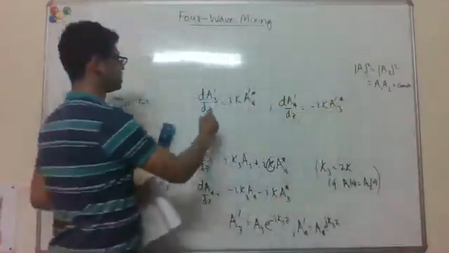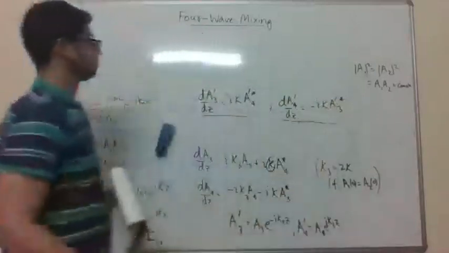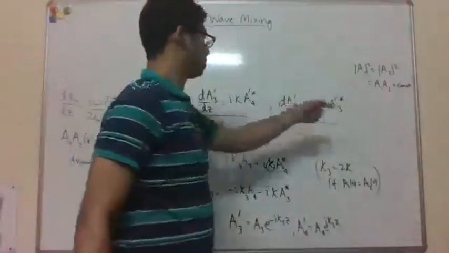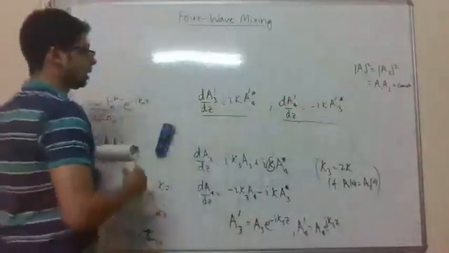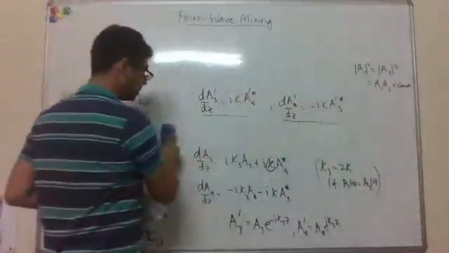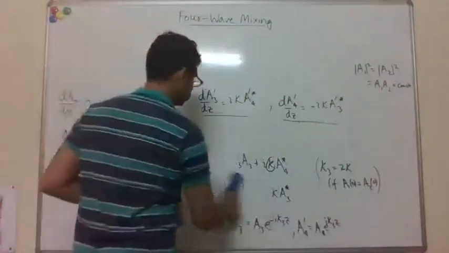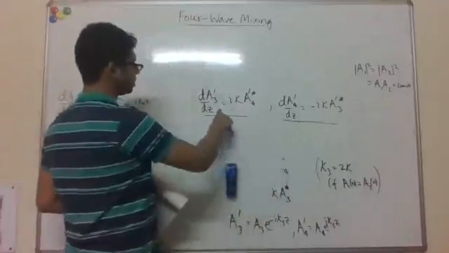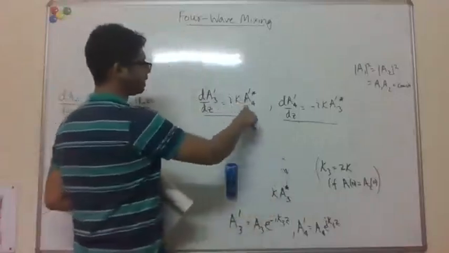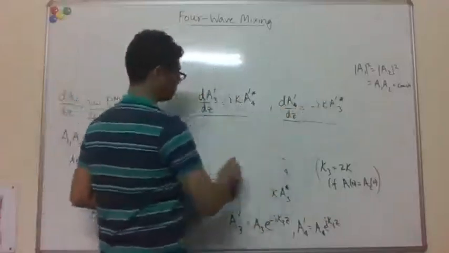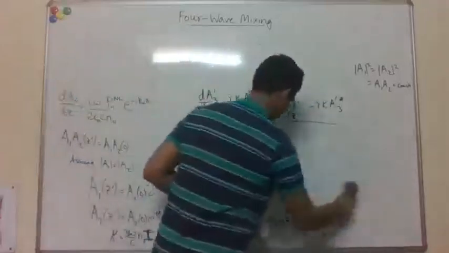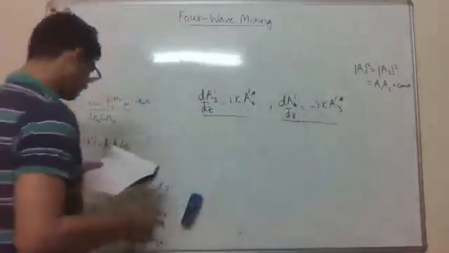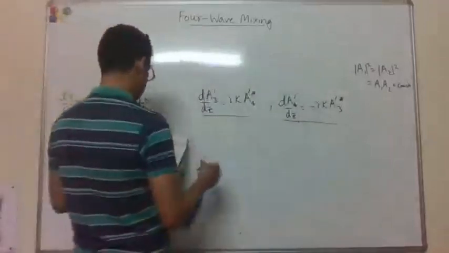Okay, so we end up with these two. So now we can directly see 3 is coupled to 4, 4 is coupled to 3. Okay, and now we know how to solve these equations. It's very easy, right? So you just differentiate this again. You get dA4 by dz, which you can use this. Right.